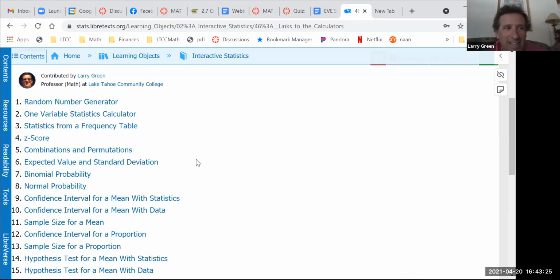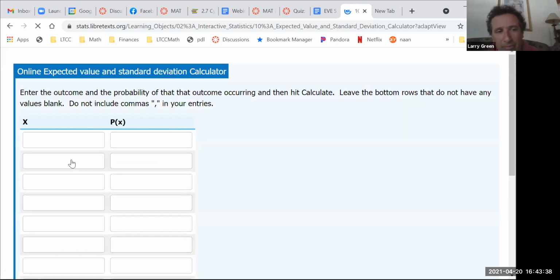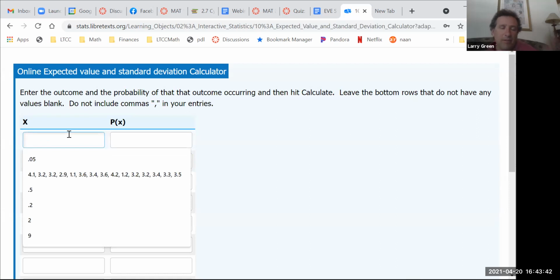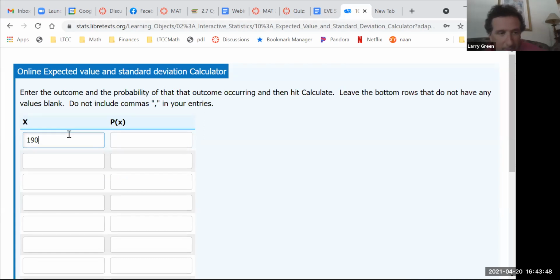So in the calculator, which number do you think we're going to use? I tried to make it obvious. Yeah, number 6. Okay, and what it says is put in the table. This one does by columns instead of rows. So X is 190, and then the probability of X was 0.12.